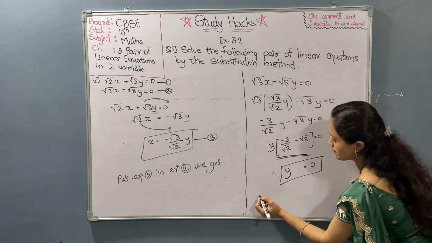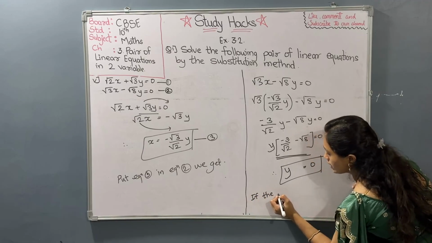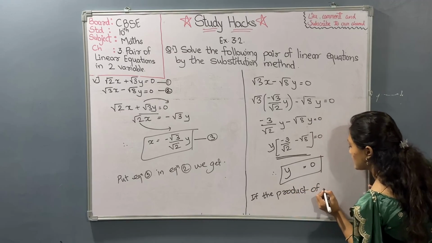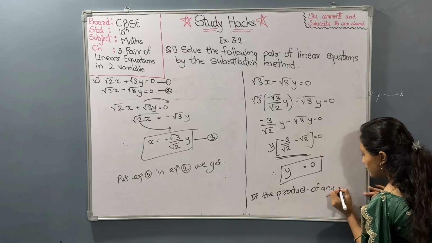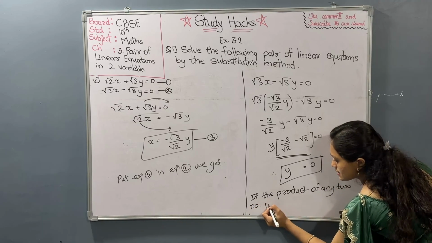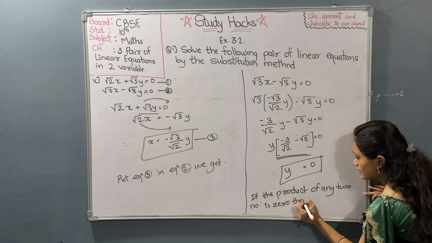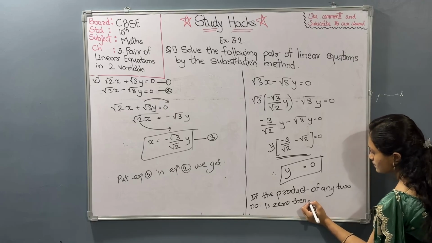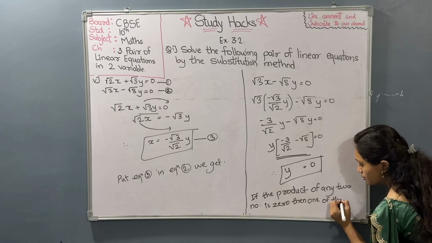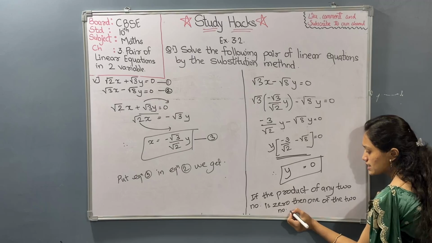Here you have to write the statement: if the product of any two numbers is 0, then one of the two numbers must be 0.